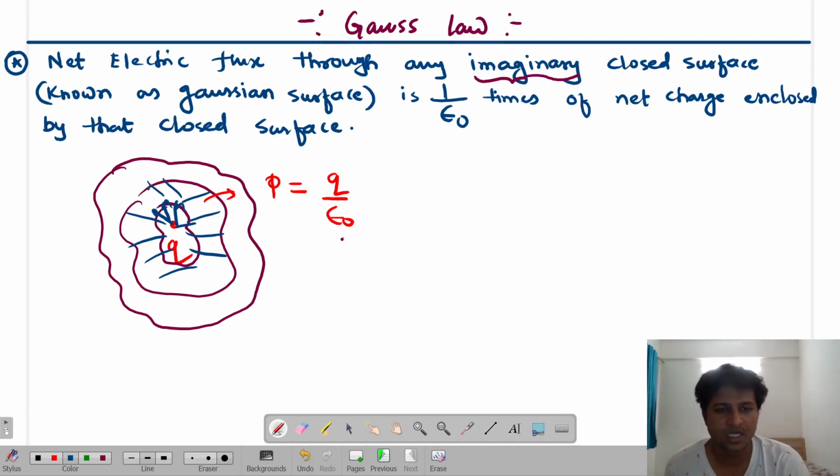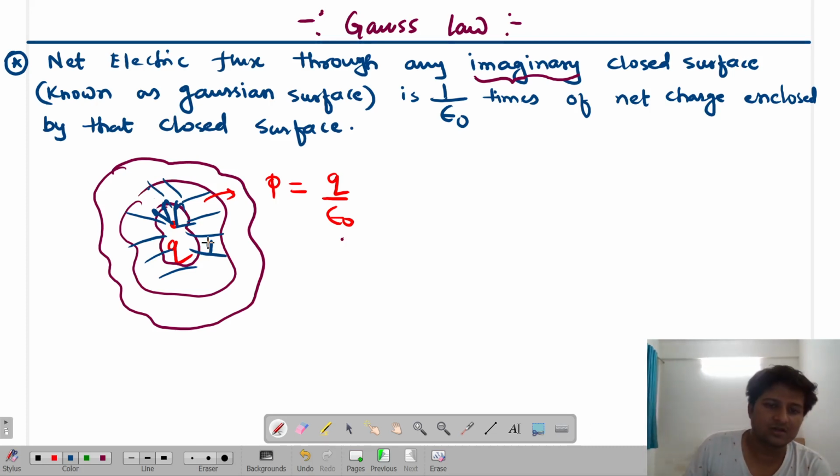But the separation of these field lines will increase, so the field intensity will decrease, but the number of field lines is not decreasing. So that is why it says that for all the surfaces, my flux should be the same for an enclosed charge, not for an open charge.